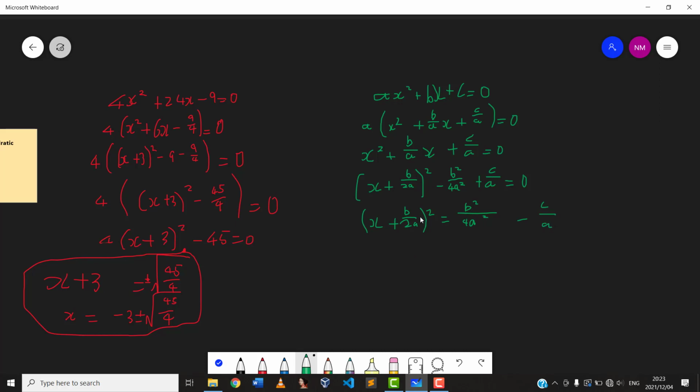Now we can square root both sides. So the square root of this would just give you x plus b over 2a. And then you square root this side as well.